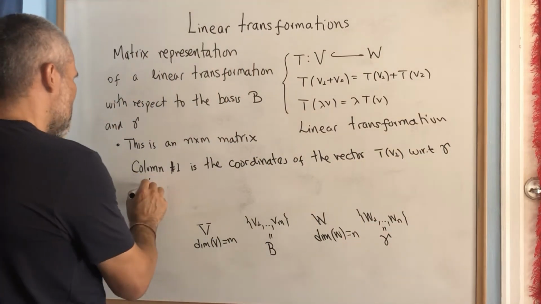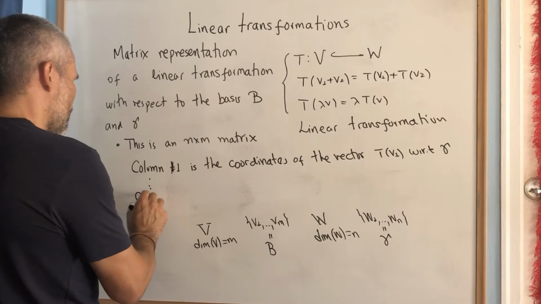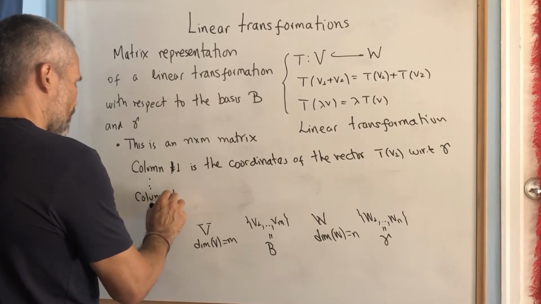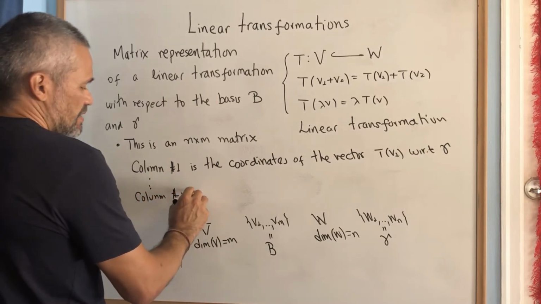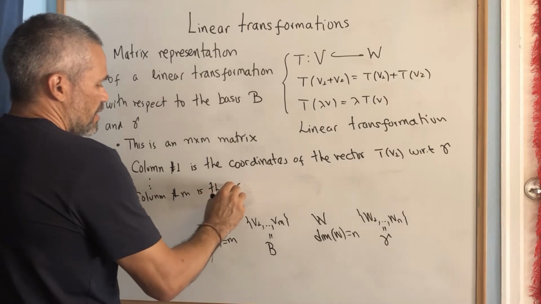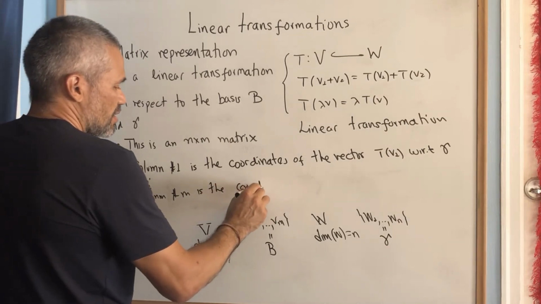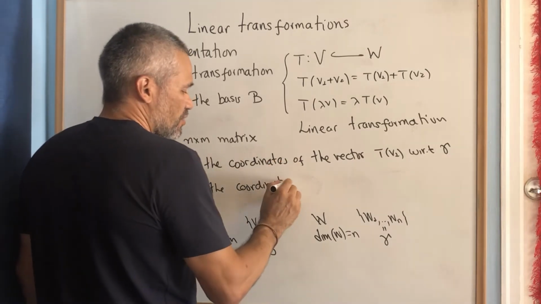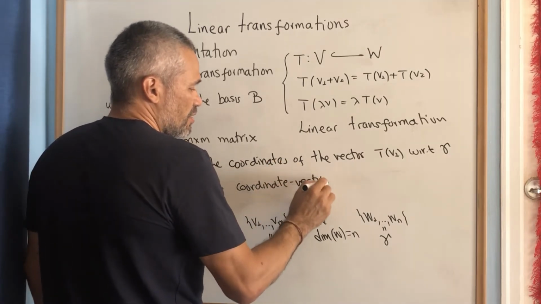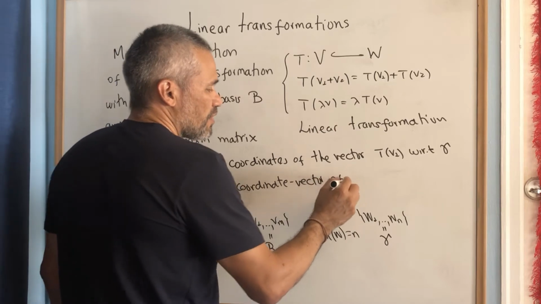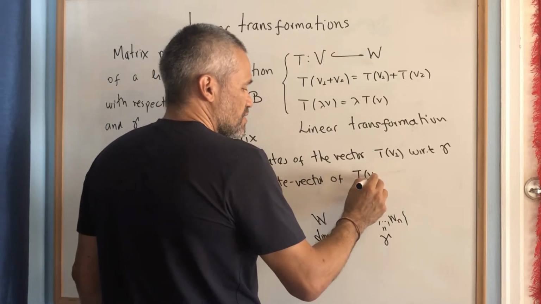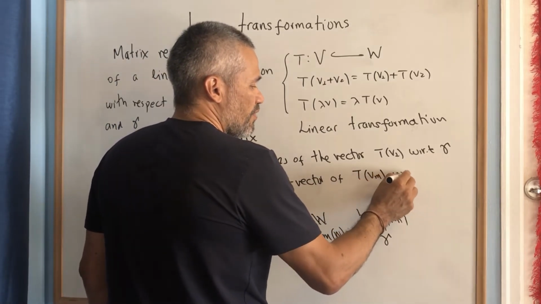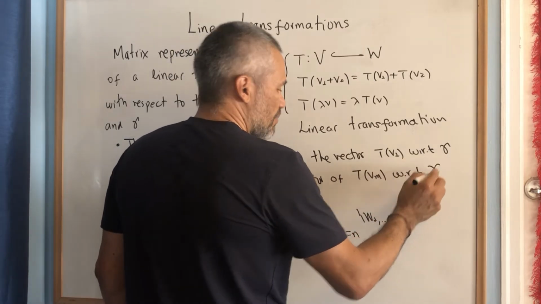And then column number m, same thing, is the coordinates, or maybe I should say the coordinate vector, of T of b sub m with respect to gamma.